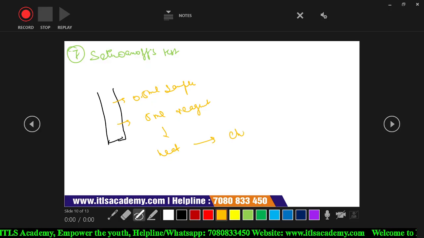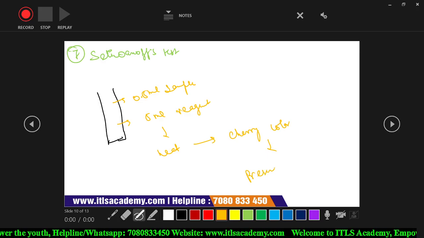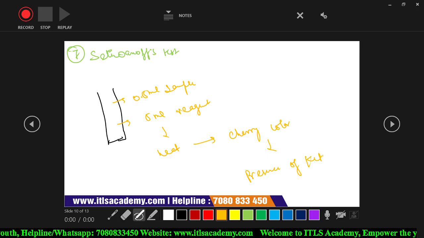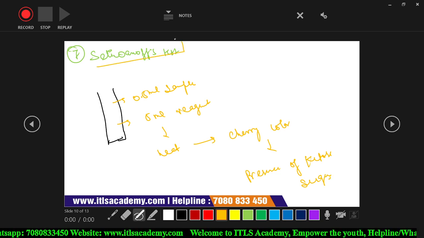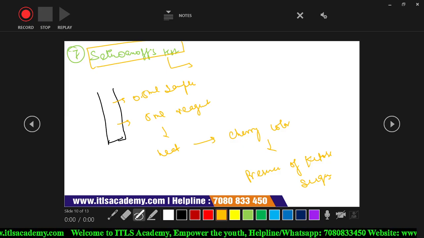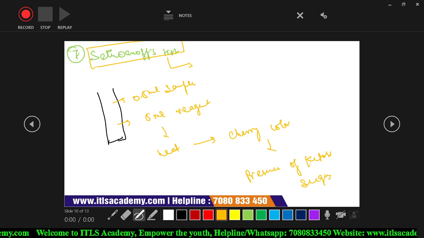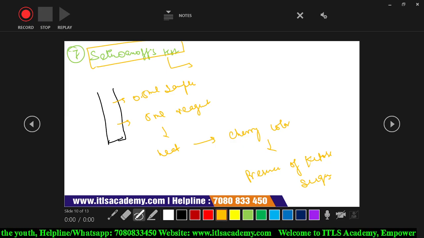Cherry color indicates the presence of ketose sugar. See, this Seliwanoff test is the main test for the detection of ketose sugar. If you get the sample and you only perform this test and you get that cherry red color, then it means that it is the ketose reducing sugar, that is fructose. Clear? Clear my points?